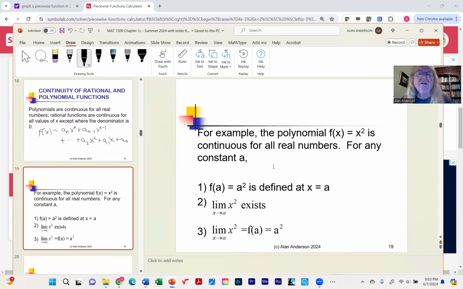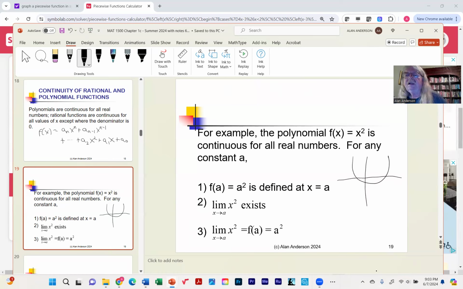You can go through the steps of proving it. These are the three requirements. Let's say we choose the very simple polynomial f of x equals x squared. No matter what a we choose, let's say this is a right here. Here's f of a.